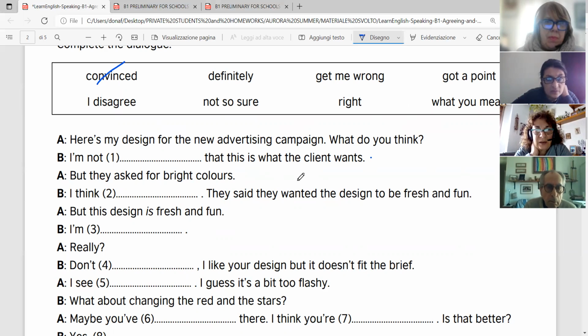I think... però non è d'accordo, quindi I think I disagree. Yes, I think I disagree. They say they wanted the design to be fresh and fun.